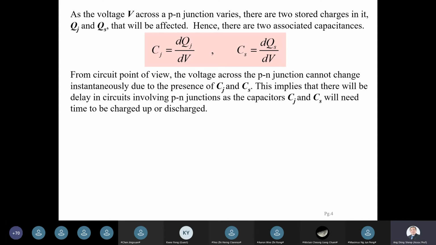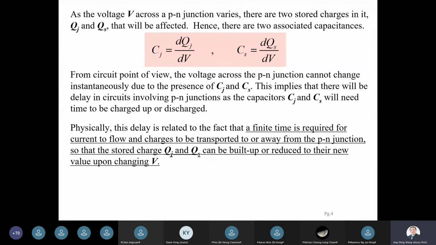So because of the presence of these capacitances, the voltage across the PN junction cannot change instantaneously with respect to time. As a result, the capacitances will introduce delay in the switching response, or the transient response, of the PN junction, because time is needed to charge or discharge the capacitances in response to a change in the voltage applied across it.